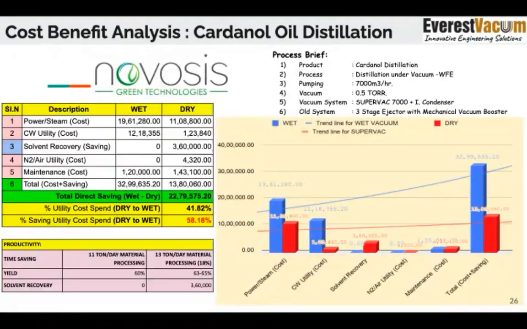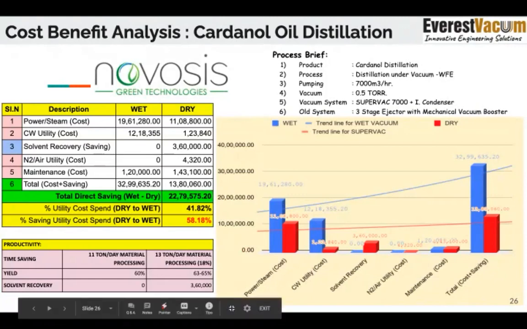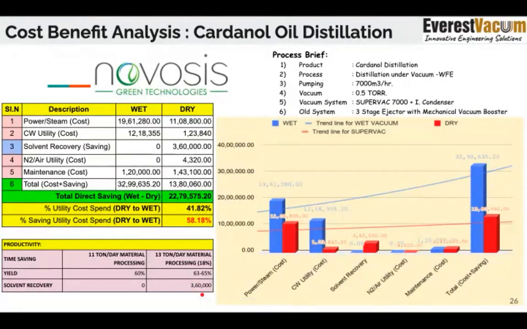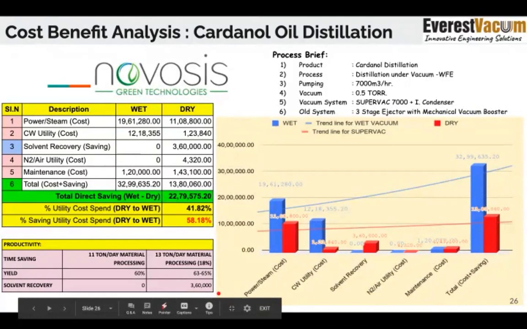Every vacuum system you are saving 19-20 lakhs, multiplied by 10 systems, 11 systems, you are saving more than 2.5 crores. Similarly here, in solvent recovery, the customer is almost saving 3.6 lakhs in direct solvent cost that he is able to reuse back into his process.